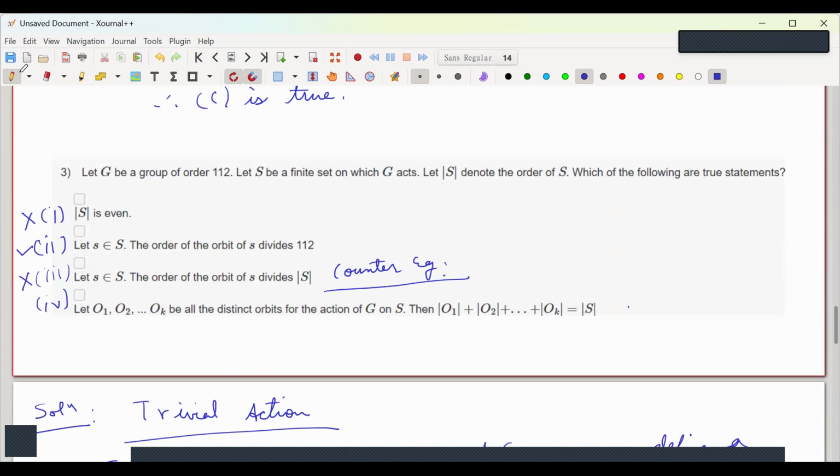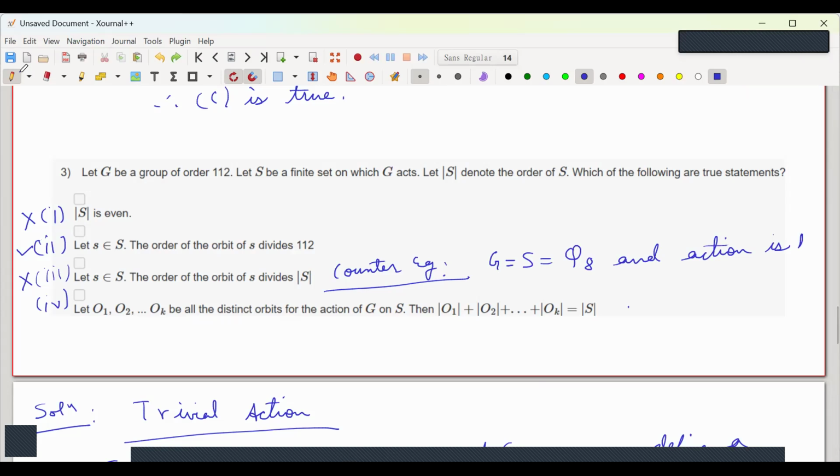The counterexample is you can take G as U8 and the action by conjugation.